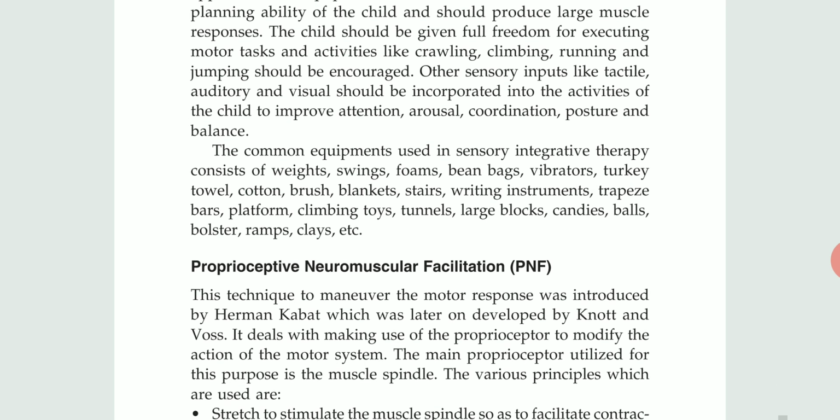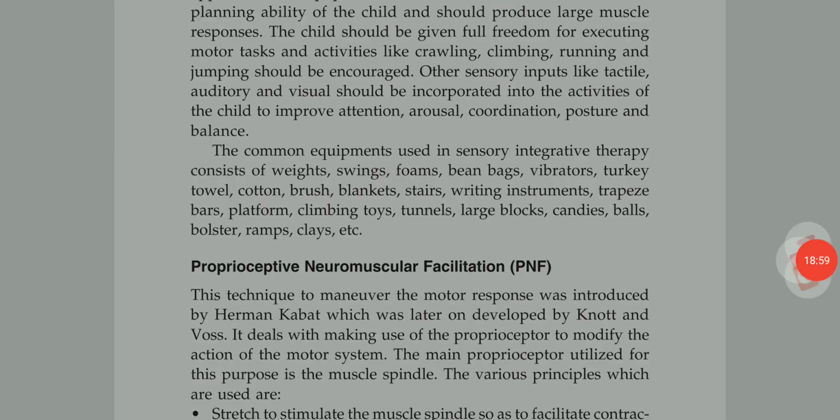The common equipment used in sensory integrative therapy consists of weights, swings, foams, bean bags, vibrators, turkey towel, cotton, brush, blankets, stairs, writing instruments, trapeze, bars, platform, climbing toys, tunnels, large blocks, candies, balls, bolster, ramps, clays, etc.